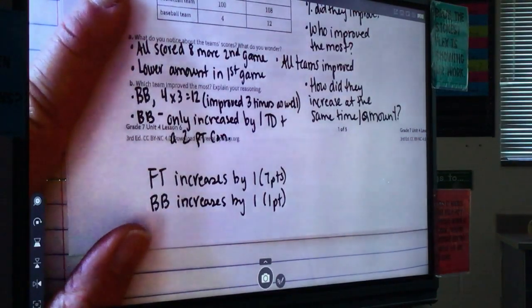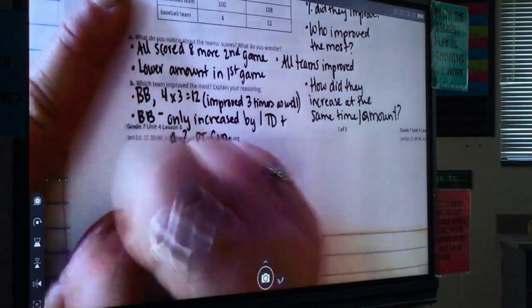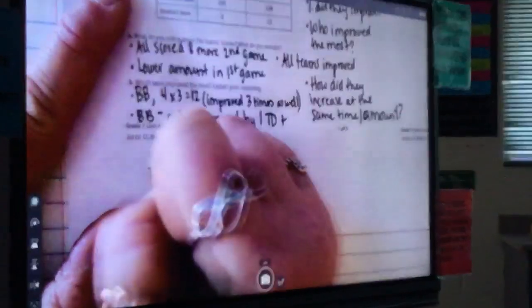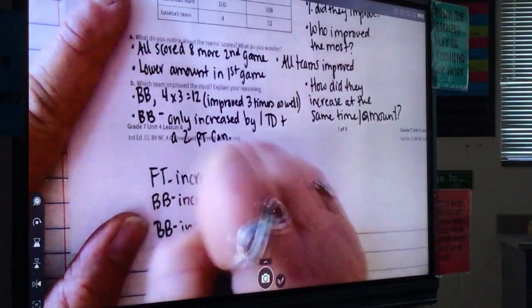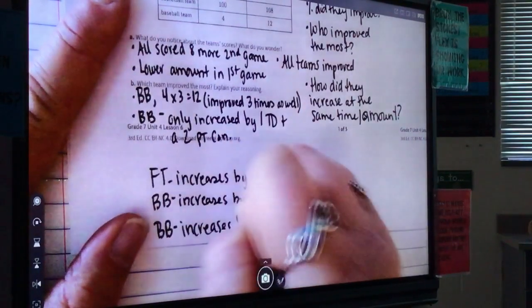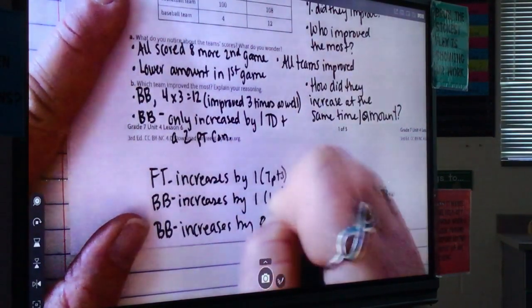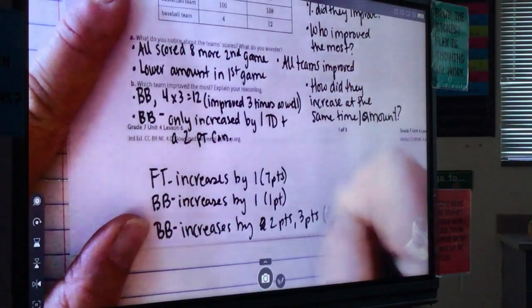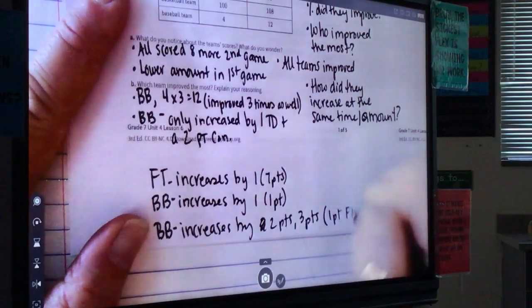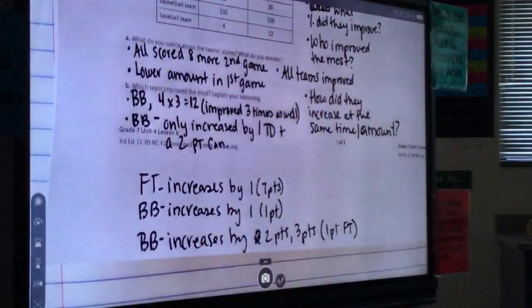Oh yeah, because each basket was 2. Sorry. Baseball and softball is sometimes. All right, hold on. Increases by 2 points, 3 points, and 1 point for a free throw. Interesting. I've never had anybody say that, so that's pretty cool that you look at it that way.